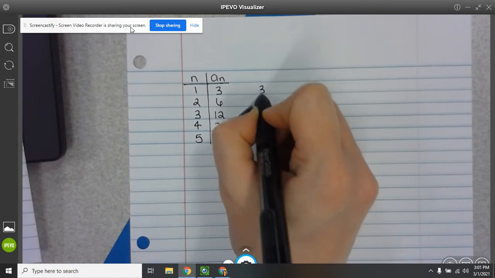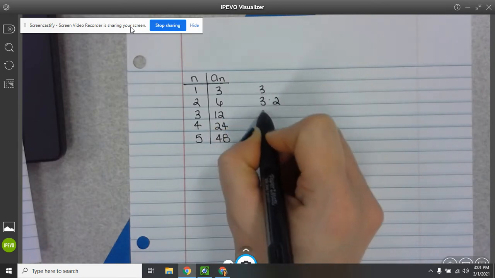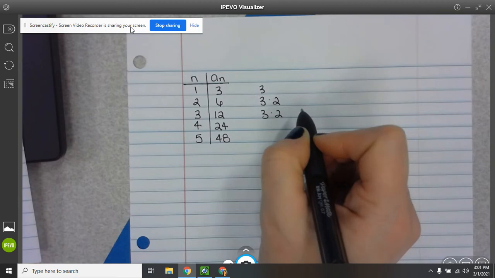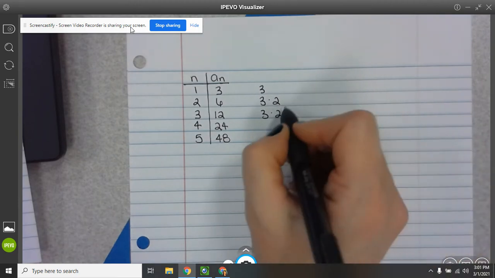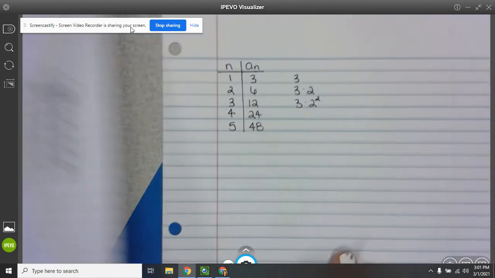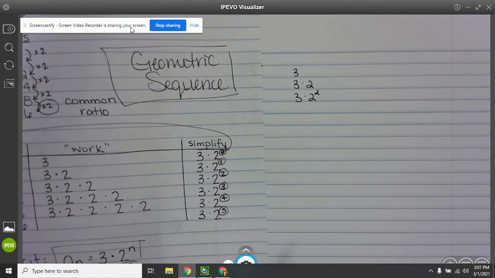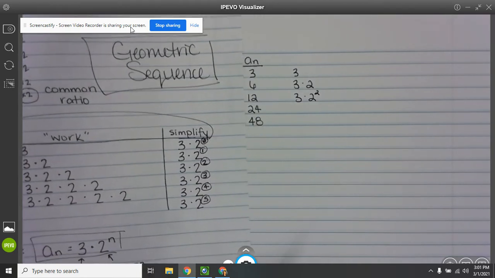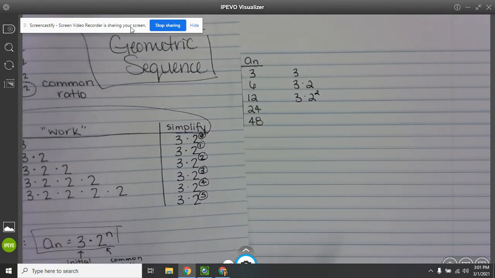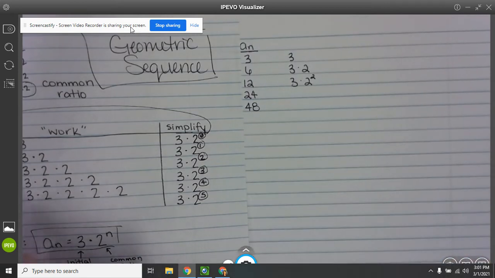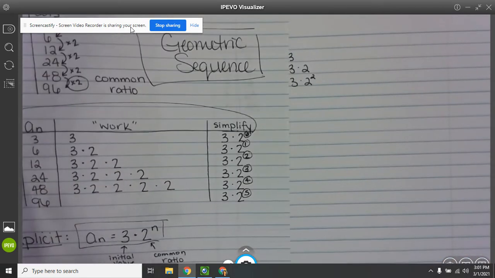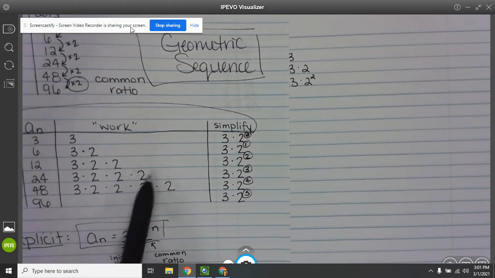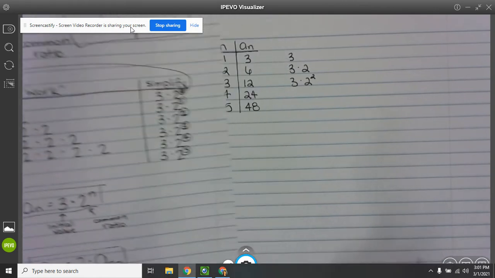Well, this is still 3, and this is still 3 times 2, and this is still 3 times 2 times 2. So the simplified column here is still going to have the same numbers. So 24 over here, we had 3 times 3 2s, so 3 times 2 cubed.